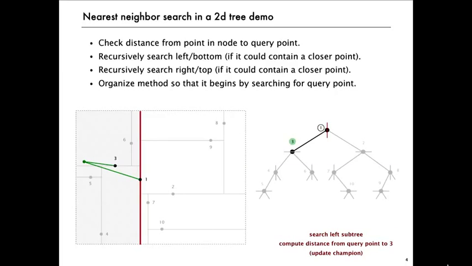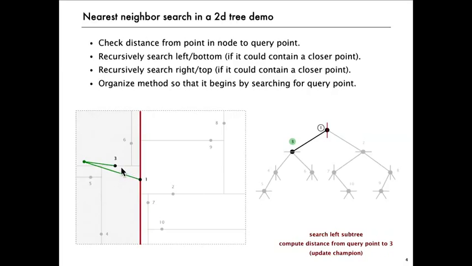So in that case, now we go to root node, point 3, and compute the distance of that point to the query point. It's closer, so we update 3 to be our new champion. And so now we're only going to look in parts of the tree that could give us a point that's closer to our query point than 3.